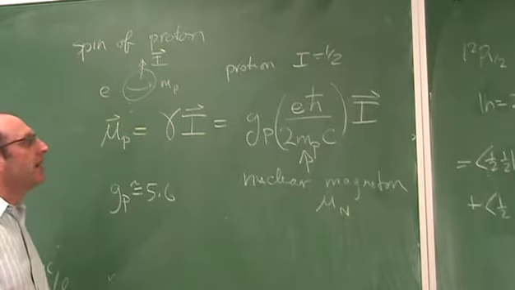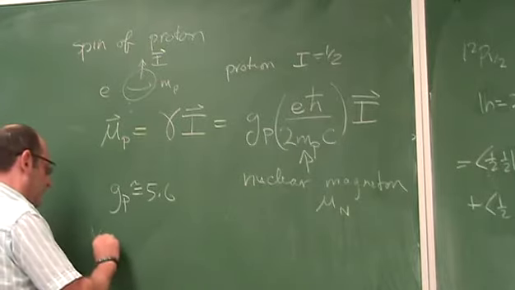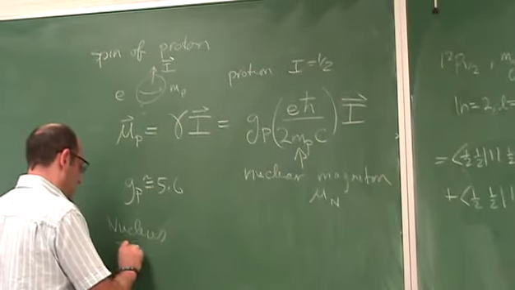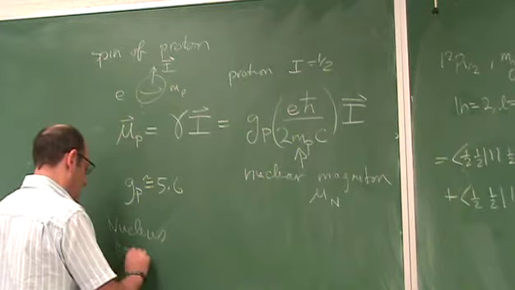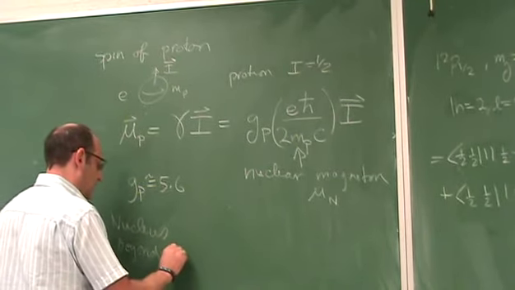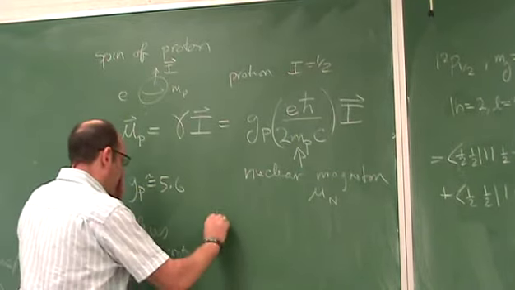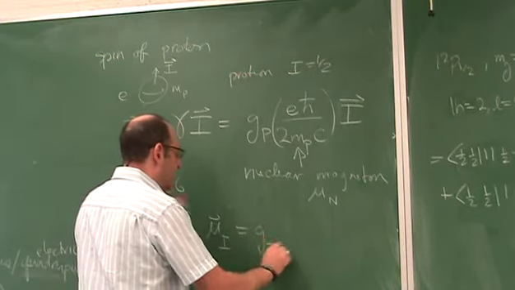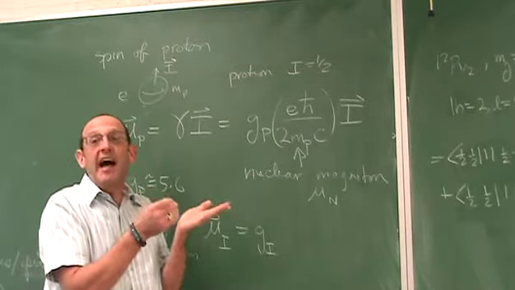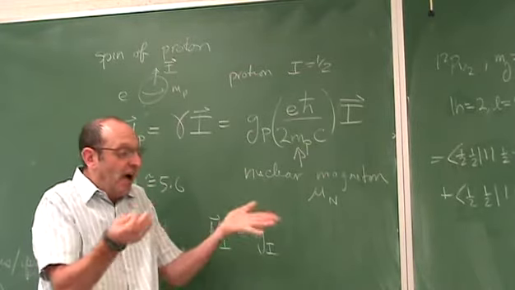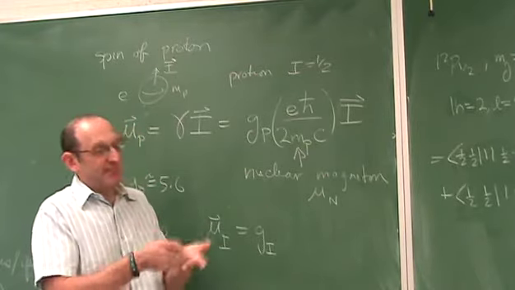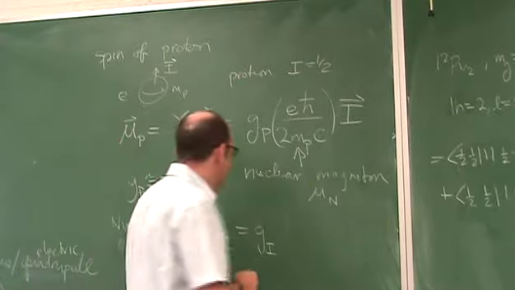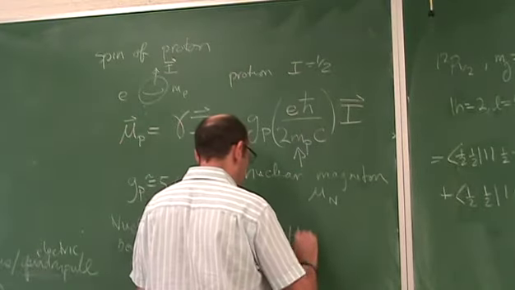More generally, one often talks about a nucleus beyond the proton. And one would write the magnetic moment of the nucleus as the G factor associated with whatever nucleus you have, whether it's a deuteron, the alpha particle, or the cesium nucleus, each has its own G factor, times the nuclear magneton.